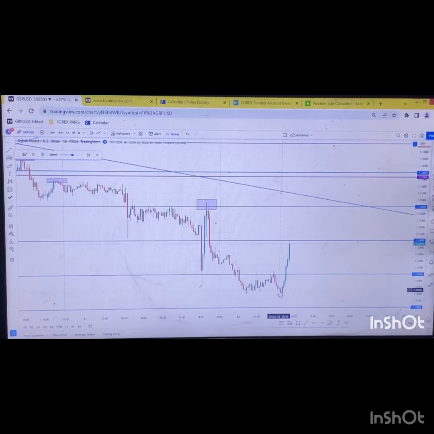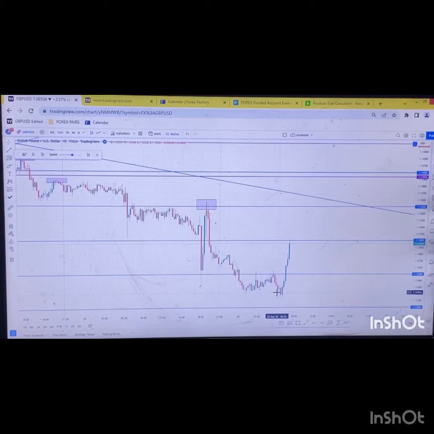But I didn't take the buy, not because I didn't want to take the buy, but because this was a second leg of this pattern. For my chart patterns, I make use of the double bottom and double top. Some people refer to it as M pattern or W pattern.